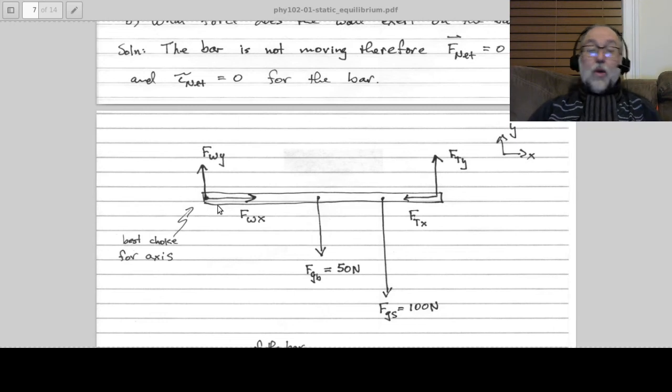What about the wire? So the wire, you say, well, what did I do here? Because the wire is actually up at 30 degrees like that. But because we have to start balancing forces up and down, left and right, we might as well start breaking these things up into x and y components, because you're going to be doing that in just a minute. And so the force in the wire, the tension, I call Ft.